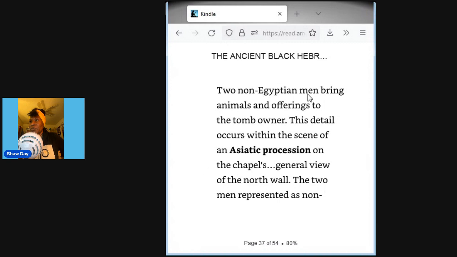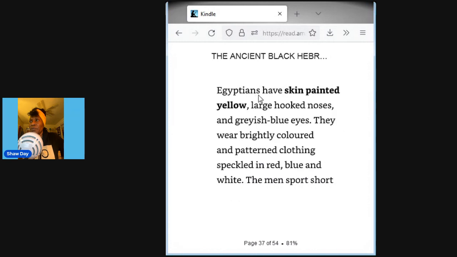Two non-Egyptian men bring animals and offerings to the tomb owner. This detail occurs within the scene of the Asiatic procession on the chapel's general view of the north wall. The two men represented as non-Egyptians have skin painted yellow, large hooked noses, and grayish blue eyes.